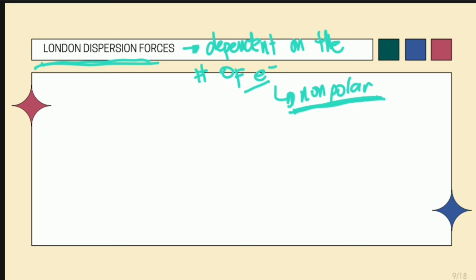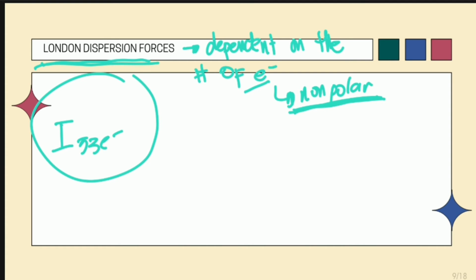Now, let's have iodine and fluorine as an example. So, iodine has 53 electrons, while fluorine has only 9 electrons.